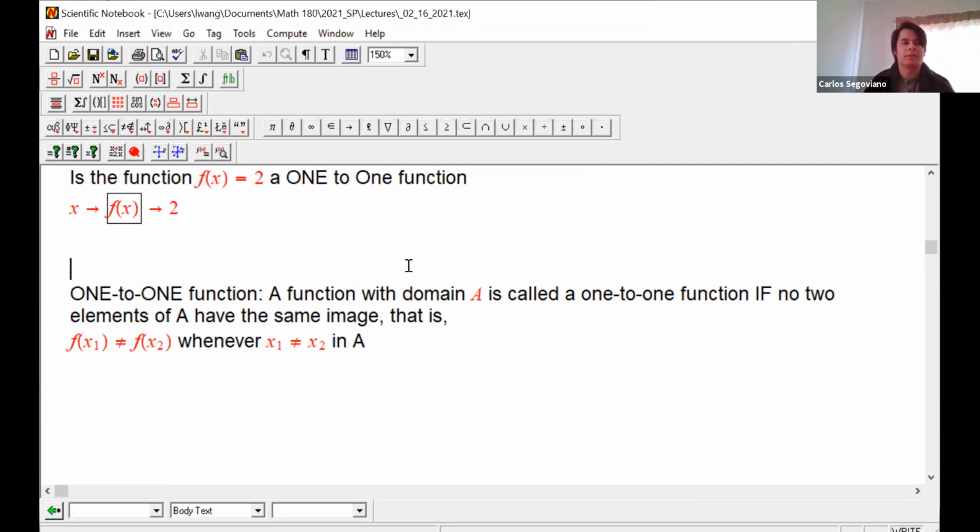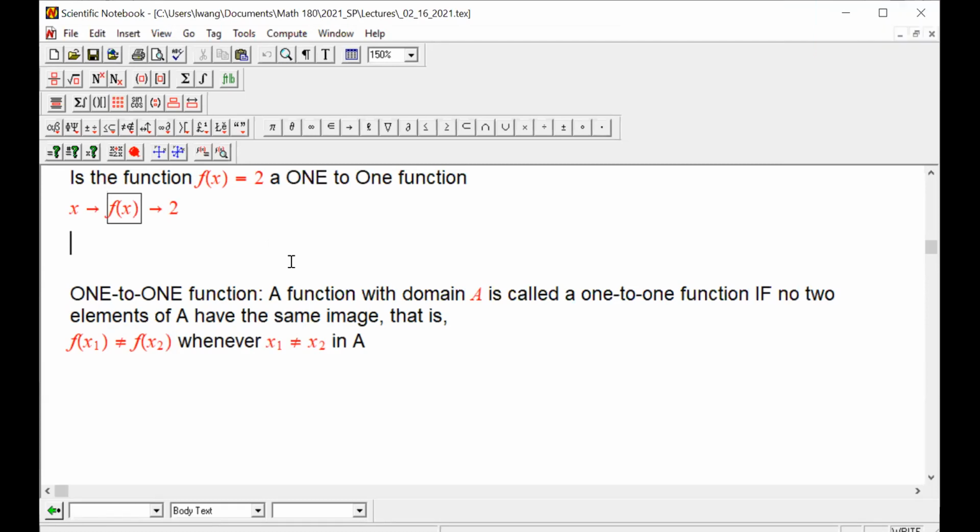Because they all have the same output, which is 2. That's right. But how do you say it? How do you make a statement, quoting the definition? How do you say it?